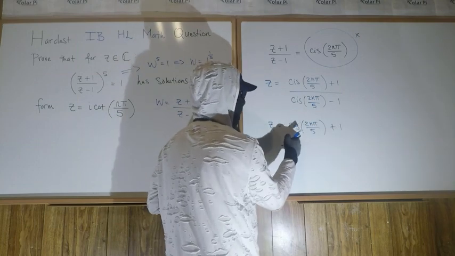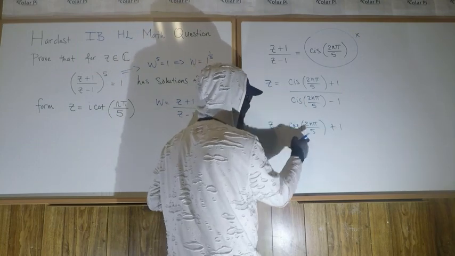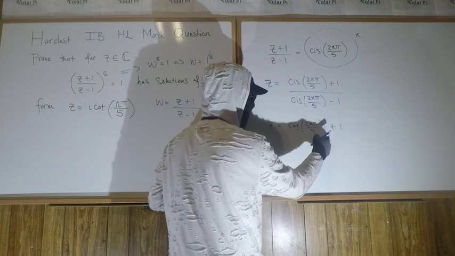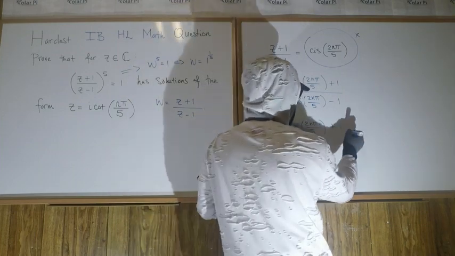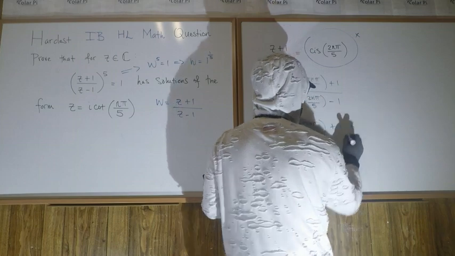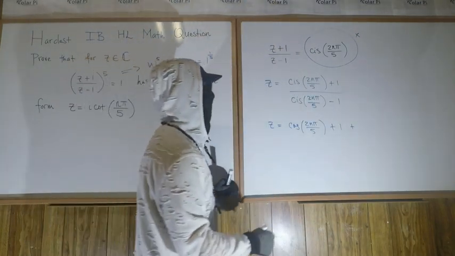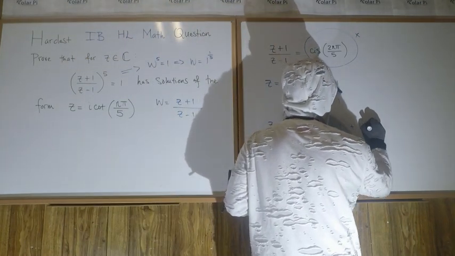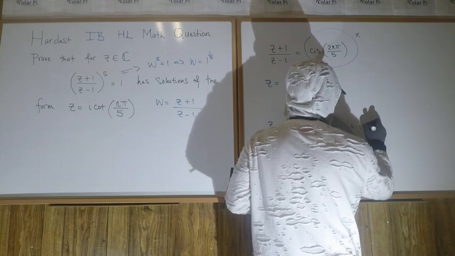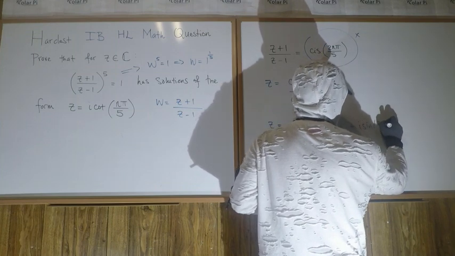So this is from the cis. We're not done interpreting the cis, but this is the real part of the cis, and so plus 1, and then plus i times sine of 2n pi over 5, right?